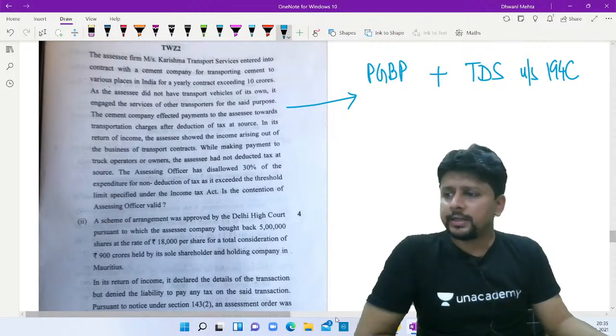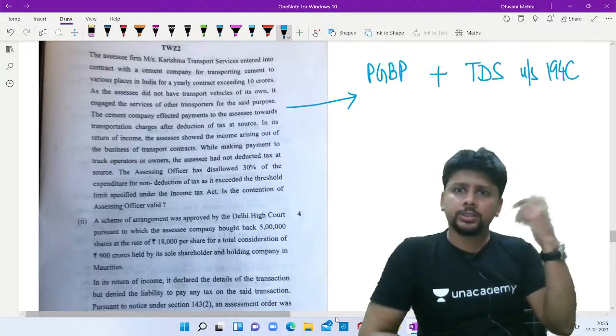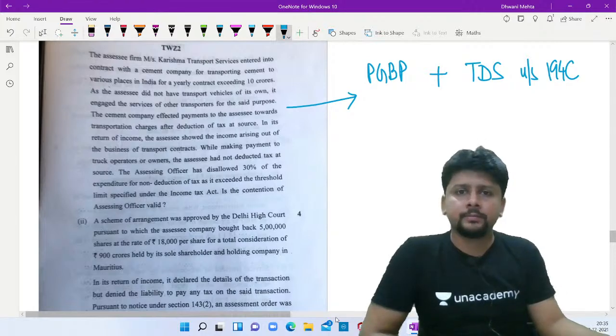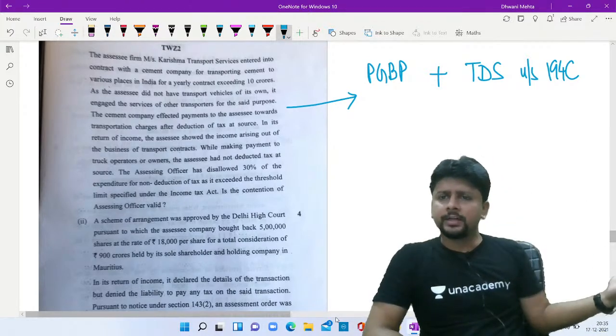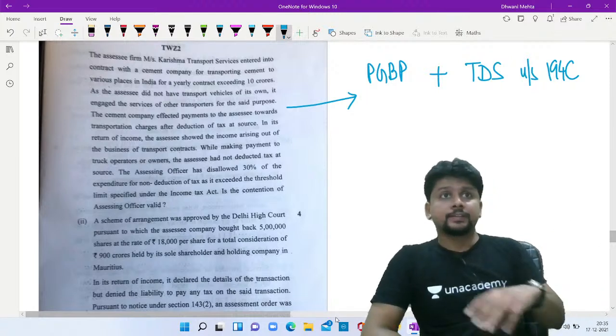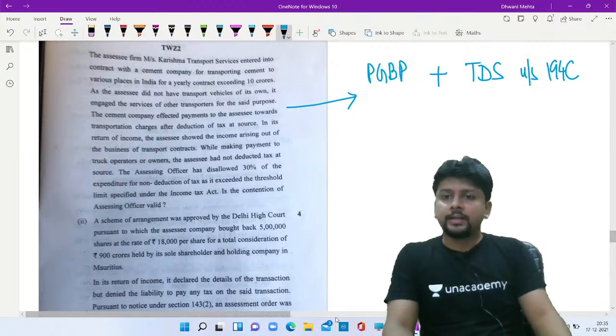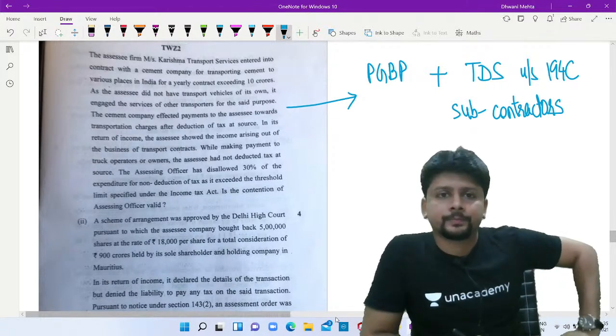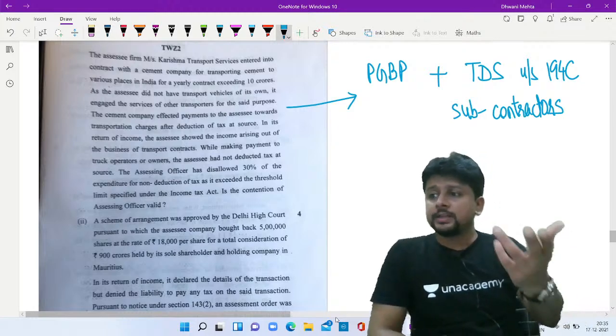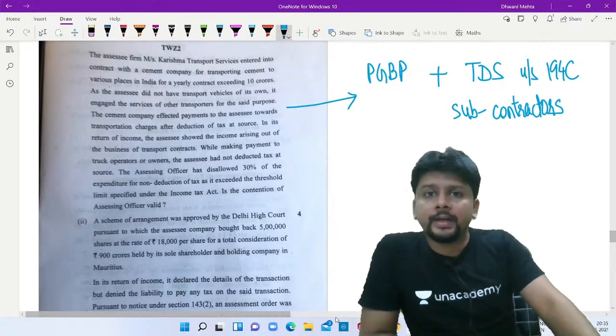Tax has not been deducted at source, so your initial thought is that disallowance should happen, but then you would step back and think, is tax required to be deducted at source? So yes, tax was required to be deducted at source, because the situation being covered was a situation of subcontractors, and subcontractors are covered under section 194C.